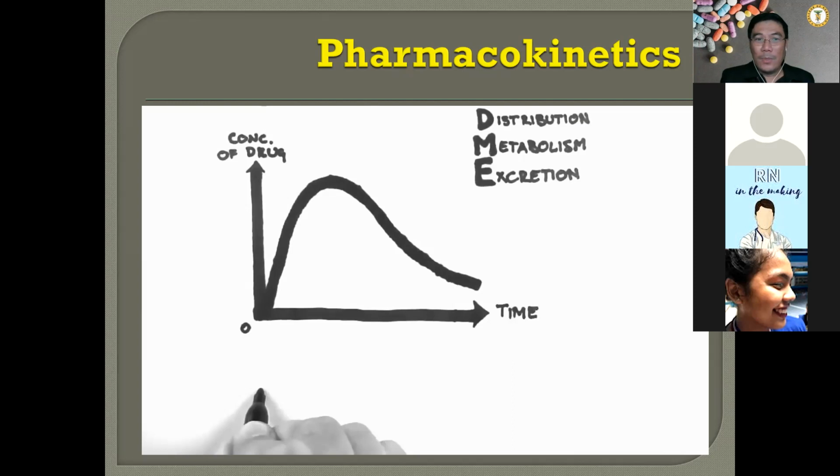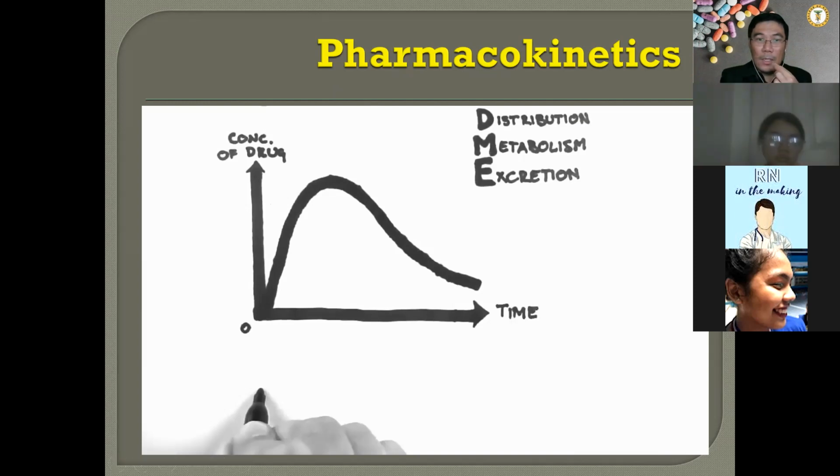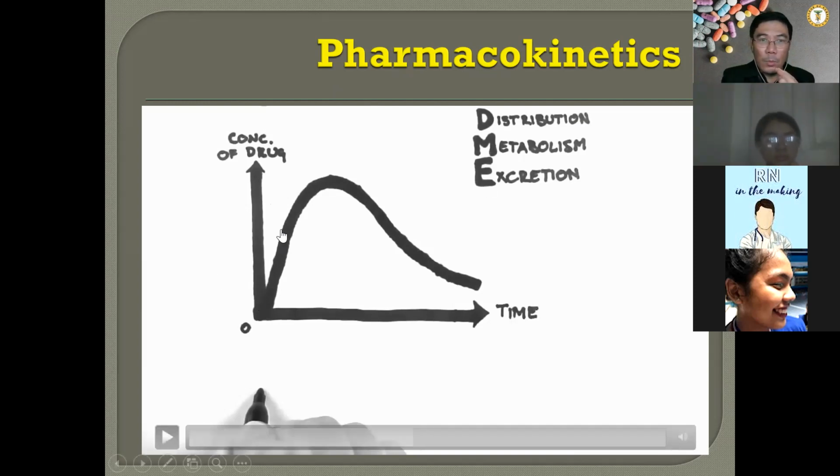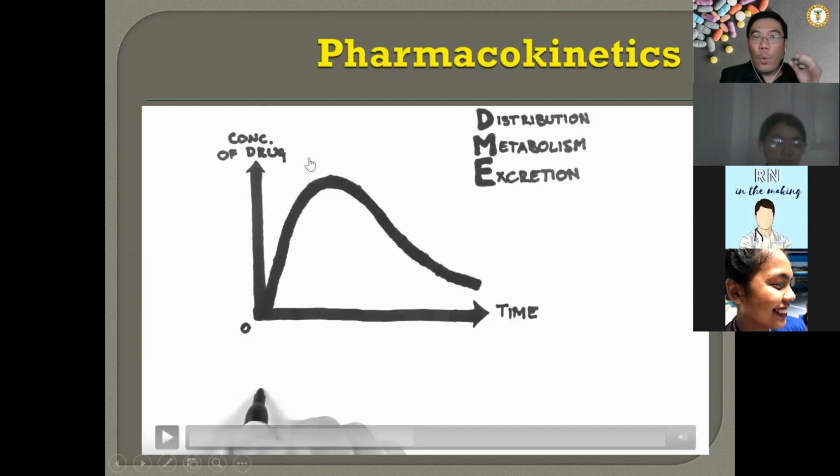Okay, it's 100%. So that's why at time 0, from the time that I take the drug, its concentration will increase. Meaning, as the body absorbs the drug, it is still 100%.